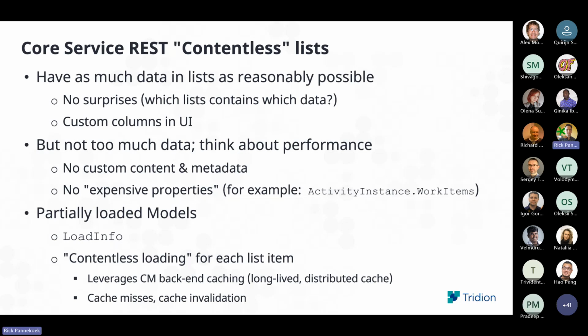Still, internally, to ensure we can return as much data as reasonably possible, we do something we call contentless loading. We first load the list data with minimal information, and then we individually load each list item.